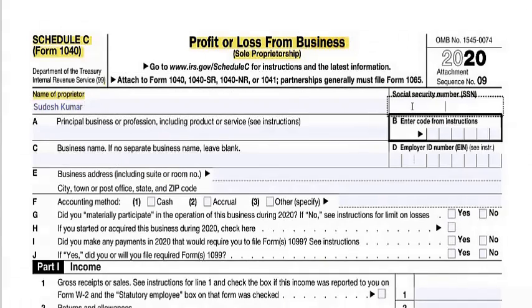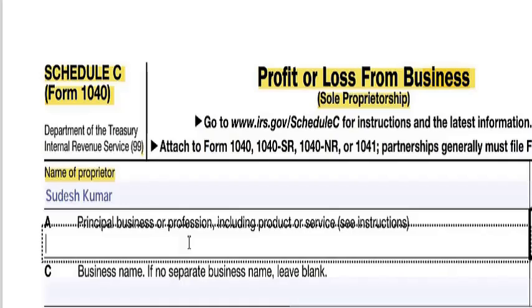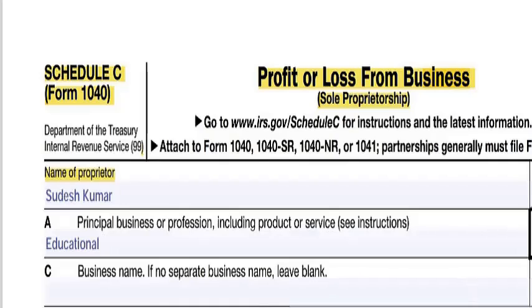Then my SSN number, whoever the owner is, that SSN number. Then principal business. In this line we are going to disclose what type of business this is. Let's say Indigenous Outlook is a business regarding education, so I might write educational profession.